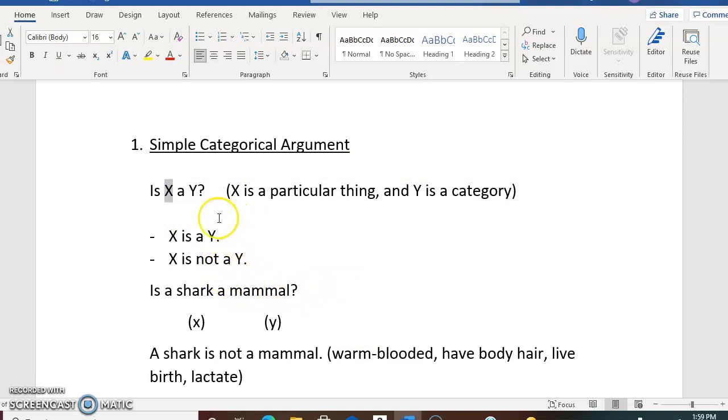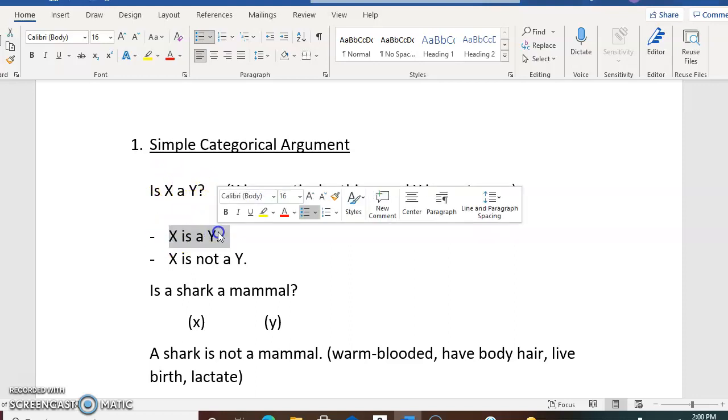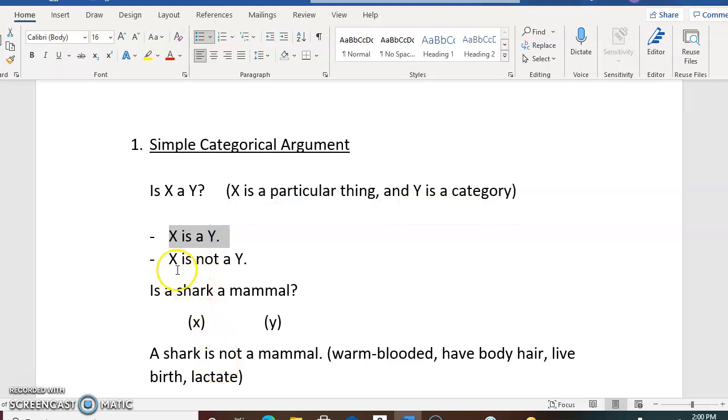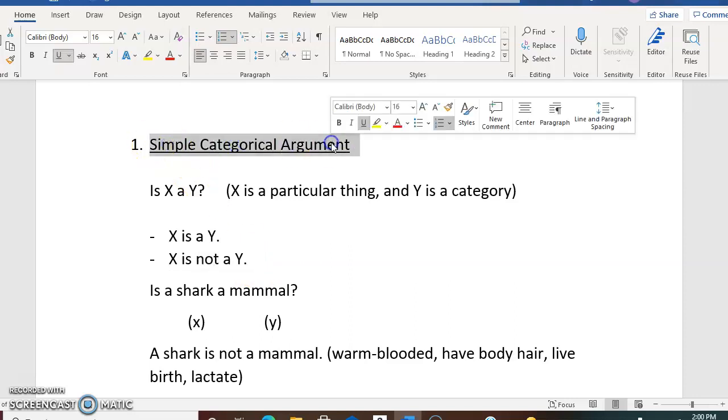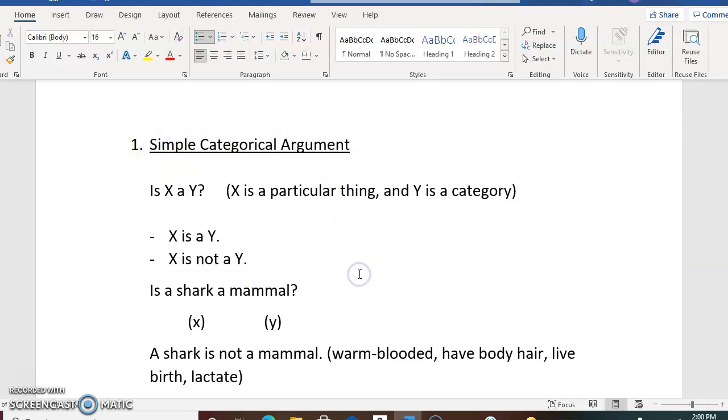So if our question is X a Y, then there's really 2 ways we could answer that claim. We could say X is a Y, or we could say X is not a Y. Those are the 2 different forms that the claim can take when we have a simple categorical argument.